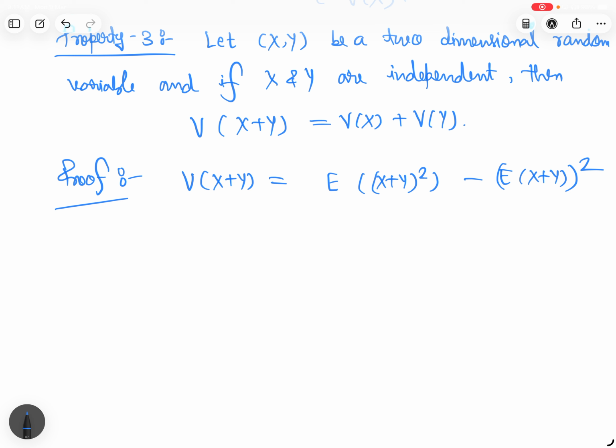Now you can open the formula: x square plus 2xy plus y square, and inside thing is (Ex plus Ey) whole square.